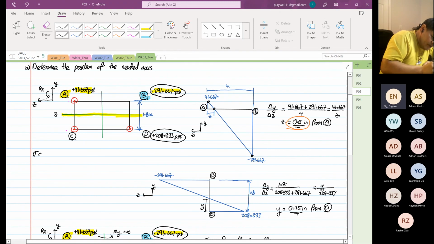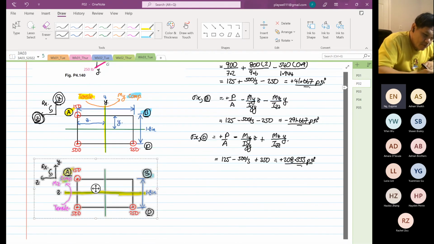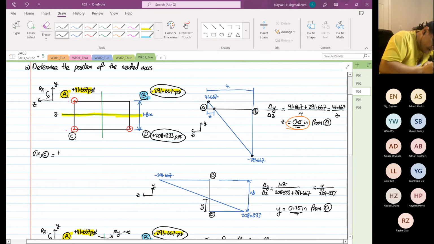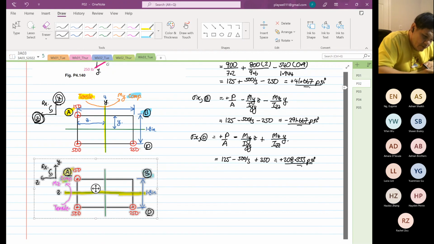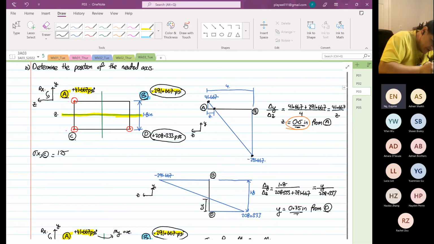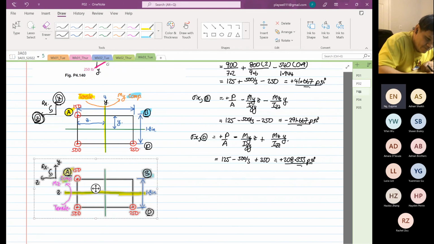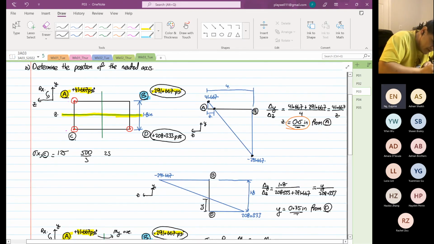So the stress at point C, right? And we know that this is 250 over 3, right? Or not 250 over 3. We go back to this value over here. We know it's 125, right? And then the other two values are 500 over 3 and 250. Okay, so we know that this is 500 over 3. The next one is what? 250. Okay, I don't know whether it is positive or negative yet.